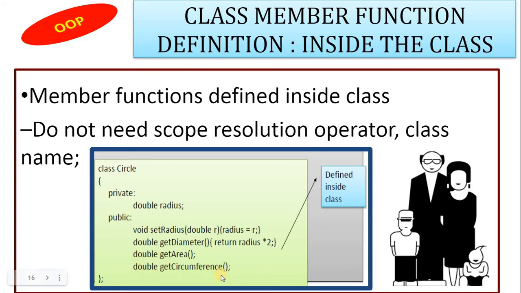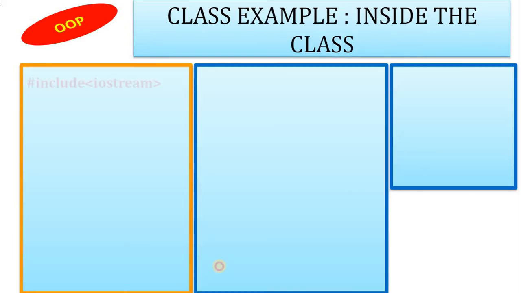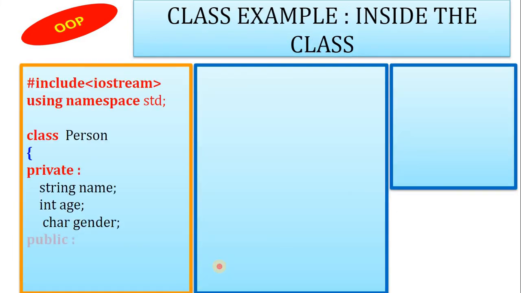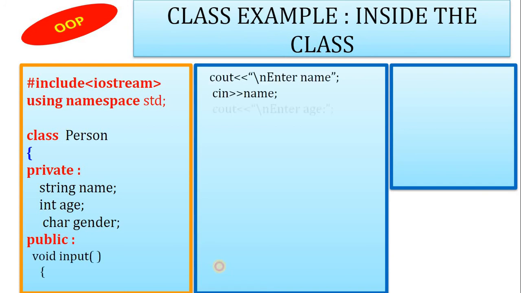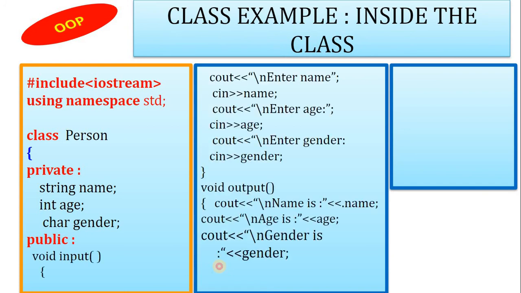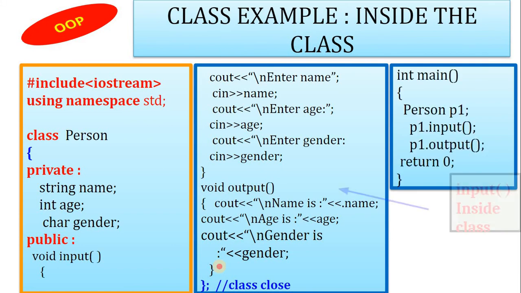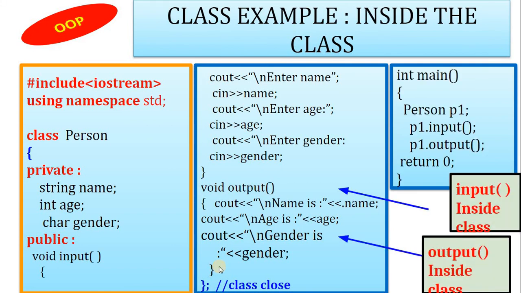So, if a function declaration is there, that function has to be defined outside the class. Set radius and get diameter here are the functions which are defined inside the class. For example, in the same program, if you observe void input, we have written the same program. These two functions, input and output, are defined inside the class.